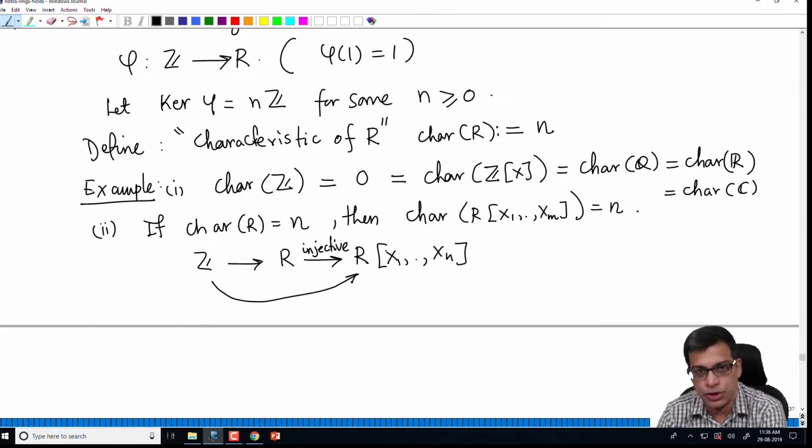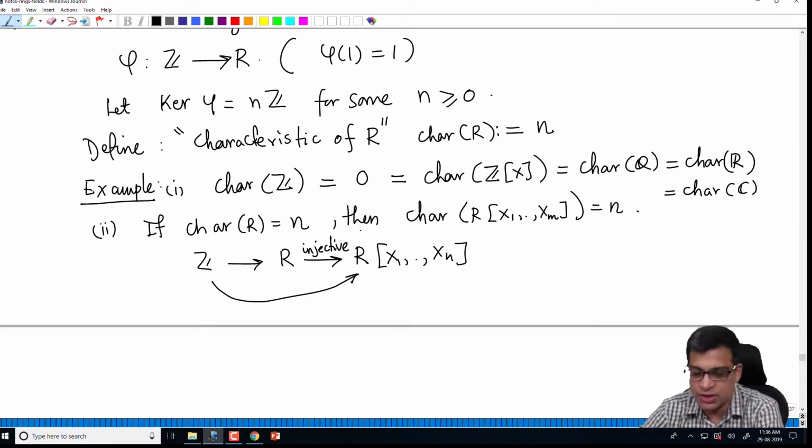It must be the composition of these two, so this is the unique map. And once you have this unique map, because R to R[x1,...,xn] is injective, the kernels are the same. If something goes to 0 under the composition, it must go to 0 in the first map itself, because the second map is injective.